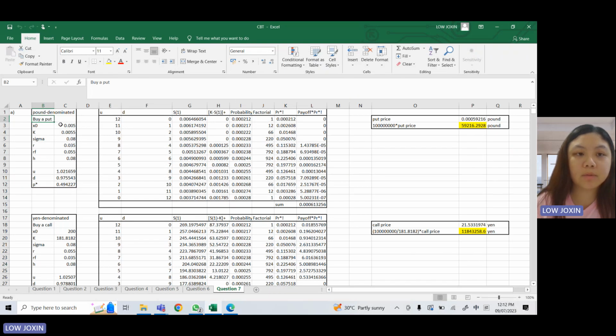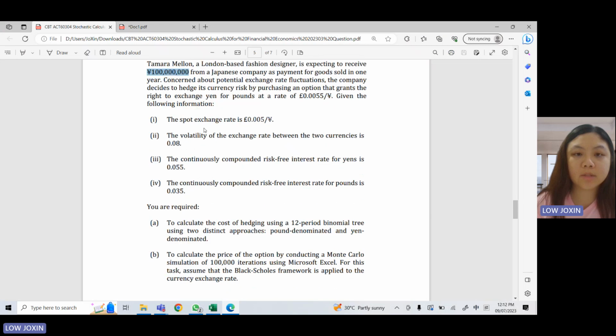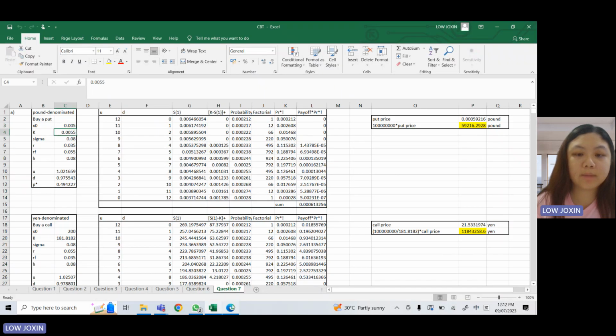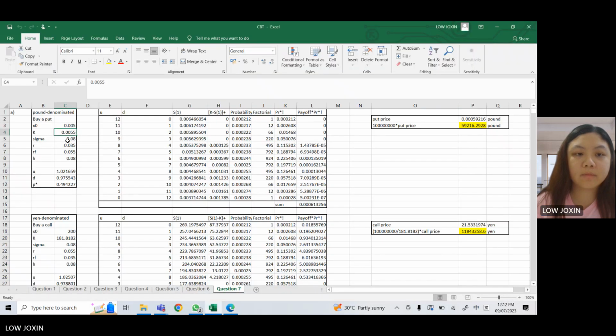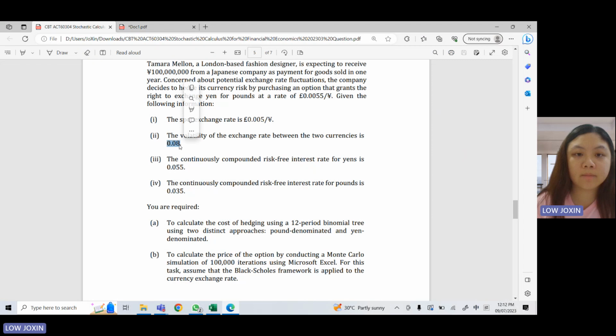So to buy a put, my current X0 is my current exchange rate, which is 0.005 pound per yen. And K is my strike, which is 0.0055 pound per yen. And the sigma is 0.08, given by the question.